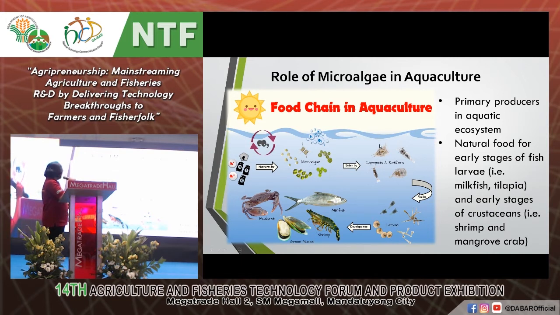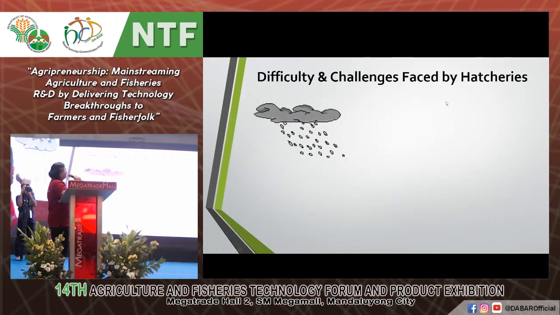So ano ba meron sa microalgae? Microalgae is part of the natural food system, and it is the heart of any aquaculture activities, especially in hatcheries. So, it's very important. So right now, sa panahon natin, siguro nakita naman natin kanina mainit, biglang uulan.